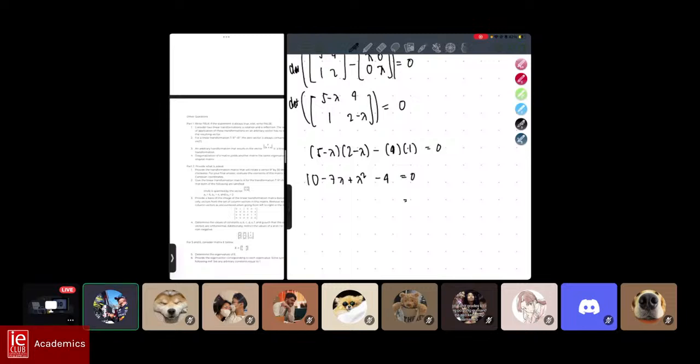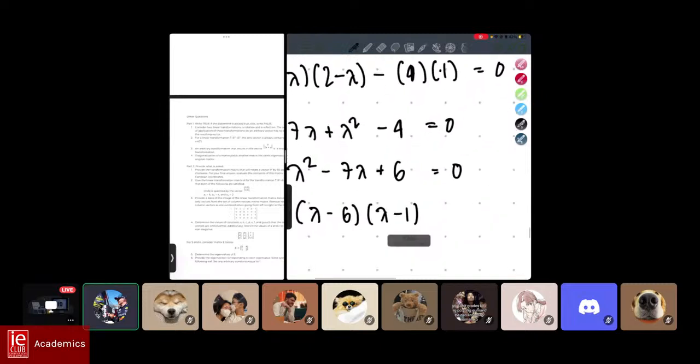And then that gives us, rearranging everything in the form we are familiar with, lambda squared minus 7 lambda plus 6 equal to 0, which gives us, if we factor this out, lambda minus 6, and lambda minus 1. Tama ba?